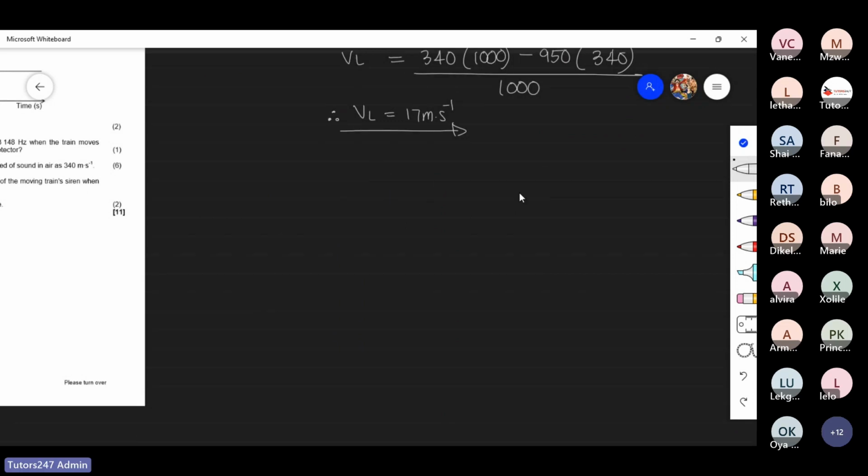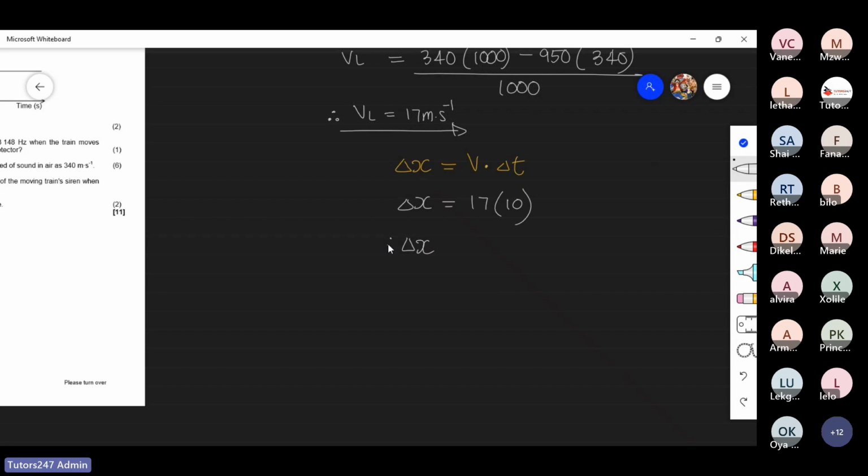Our equation was displacement is equal to velocity times time. We were told that time was 10 seconds. We just calculated velocity to be 17. So we can substitute 17 and 10.